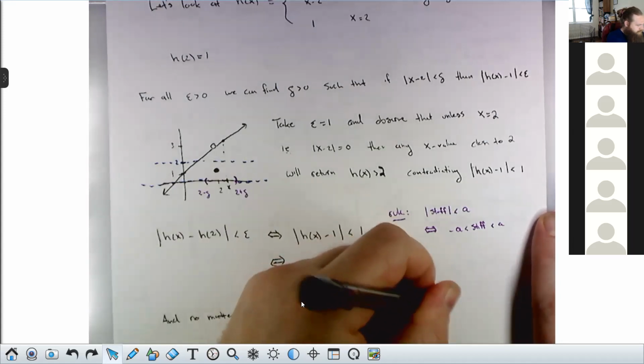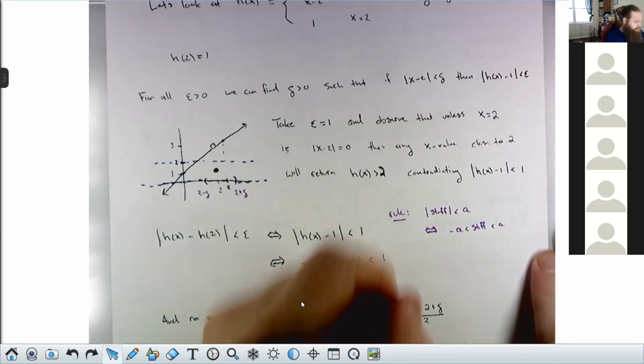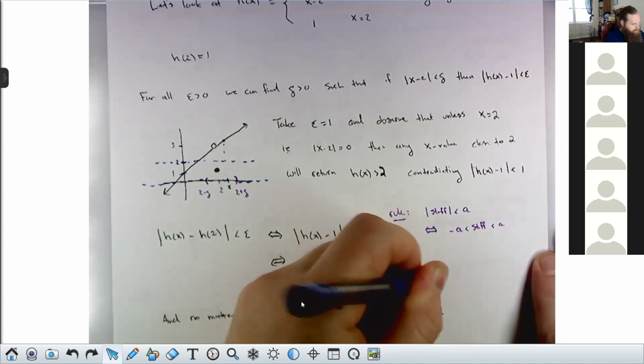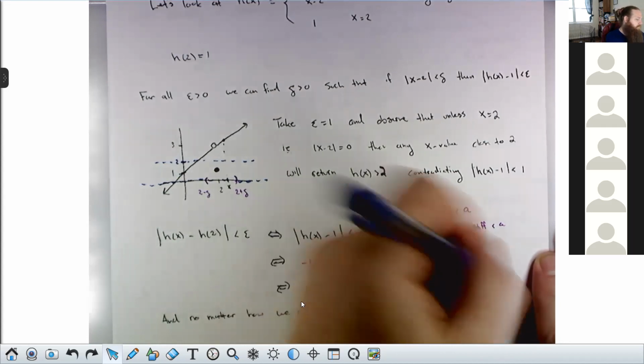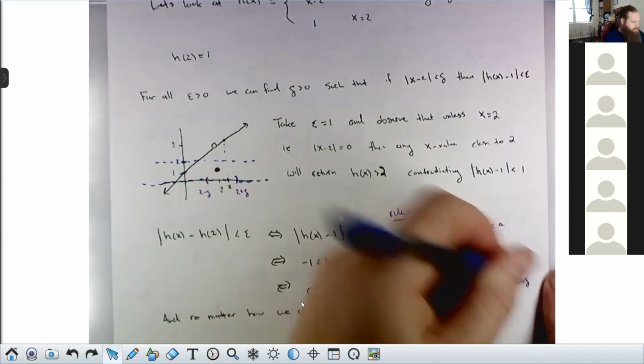Excuse me, are you set limit x approaches 2 of h of x is equal to h of 2, so that you have the equation absolute value of h of x minus h of 2 is less than epsilon.